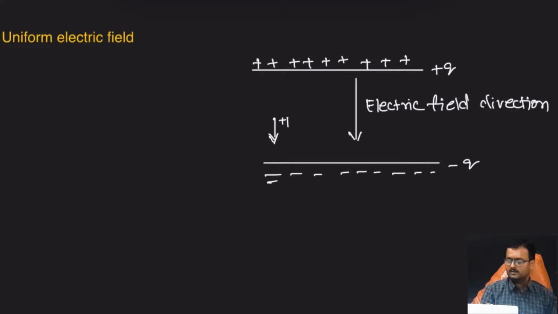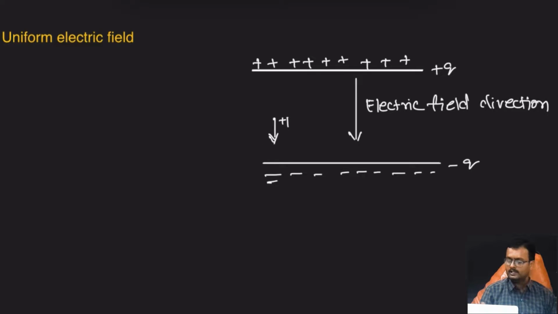See here, charge is uniformly distributed on this plate. Here negative charge is also distributed equally on the plate. So here uniform electric field is created. In further classes we will discuss how electric field is created uniformly between this region.